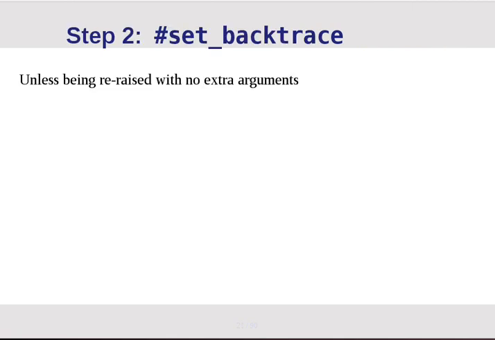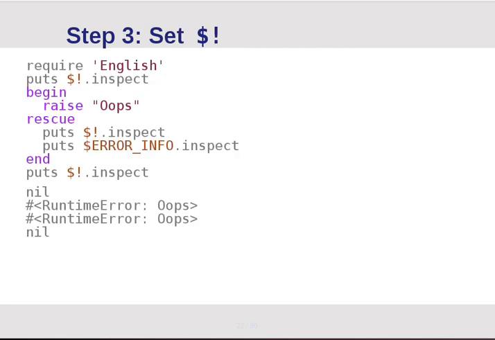Step 2 in raising is to set the backtrace on the newly created exception object. Step 3 is to set the global error variable. This is the $! variable, but if that's a little bit too obscure for you, you can require English in your program, and then you can refer to it as $ERROR_INFO.